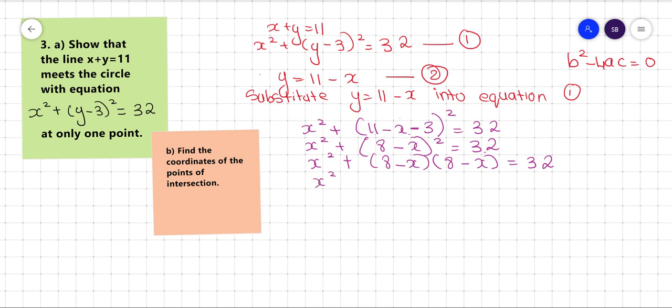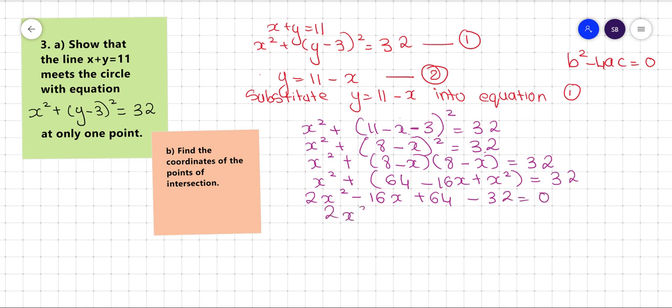So x squared plus 8 into 8 is 64 minus 8x minus 8x is 16x plus x squared is equal to 32. Now remove the brackets. x squared plus x squared is 2x squared minus 16x plus 64. Bring the 32 to this side. You get minus 32 is equal to 0. 2x squared minus 16x plus 32 is equal to 0.